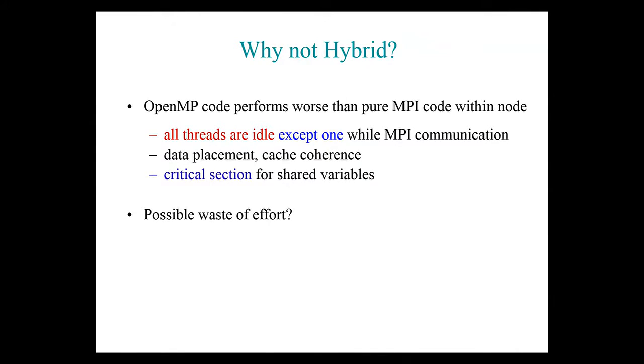And OpenMP itself, when it does synchronization, sacrifices some speed. For example, critical sections will slow down the whole process. So if the critical sections are heavy on shared variables, OpenMP may not perform well.